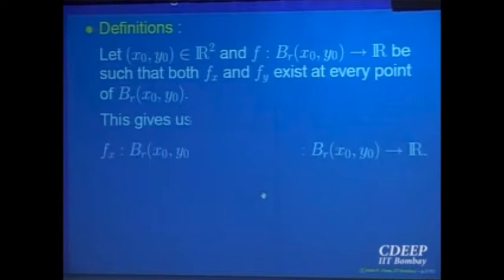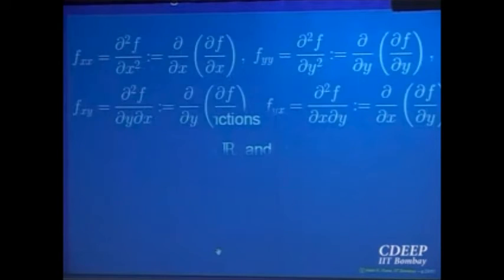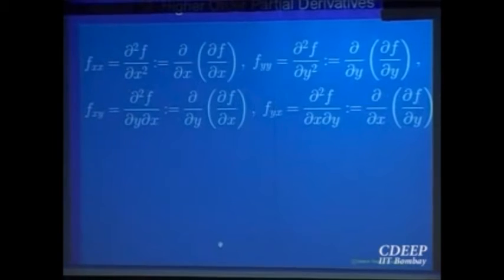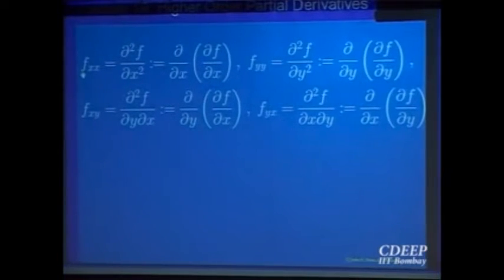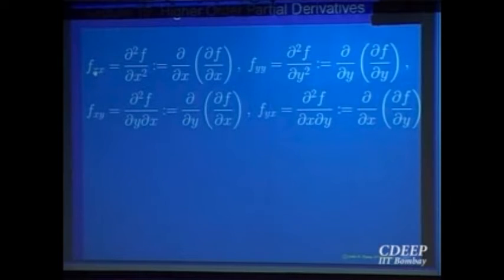Right? So if they exist, then you say they are the mixed partial derivatives, and these are the notations used for that. So fxx, there are two notations used. With f, you write lower xx. That means you are differentiating twice. First find the partial derivative with respect to x, and then again find the partial derivative with respect to x. This is also written as, in that del notation, del square f by del x square.